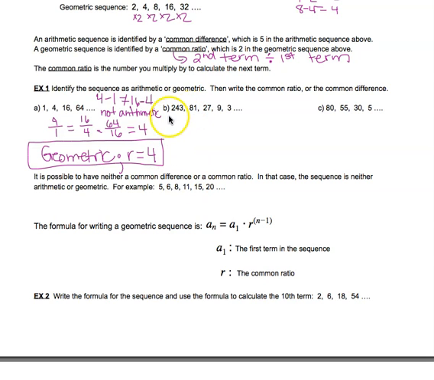All right, so I want you to go ahead and try B and just decide if you believe it is arithmetic or geometric. Once you've decided that, then see if you can find your common ratio or common difference. So just decide on B, is this an arithmetic sequence or is it a geometric sequence?